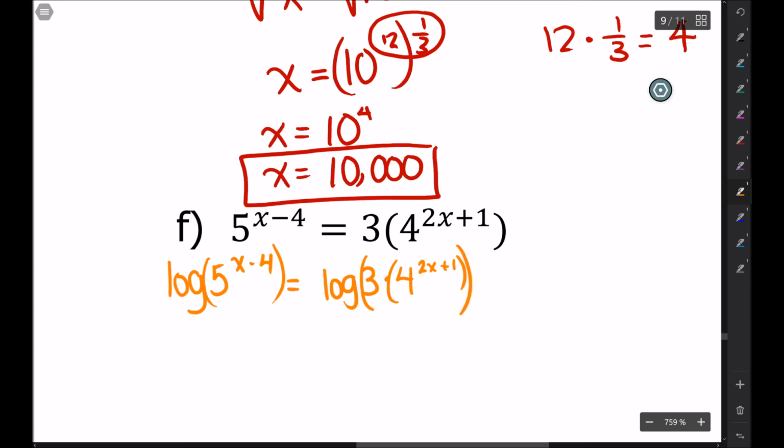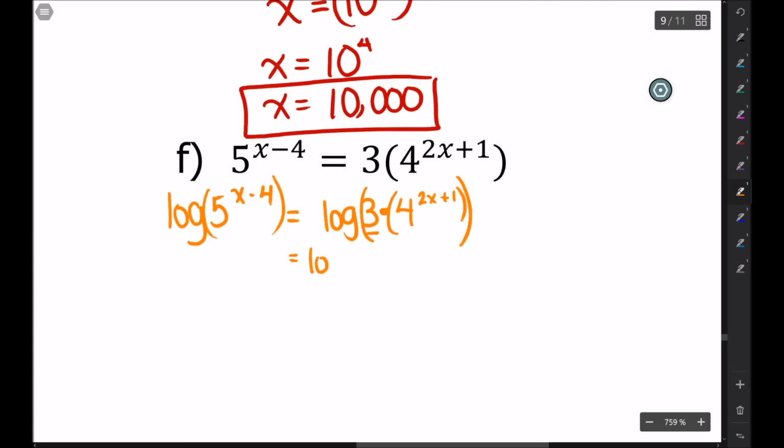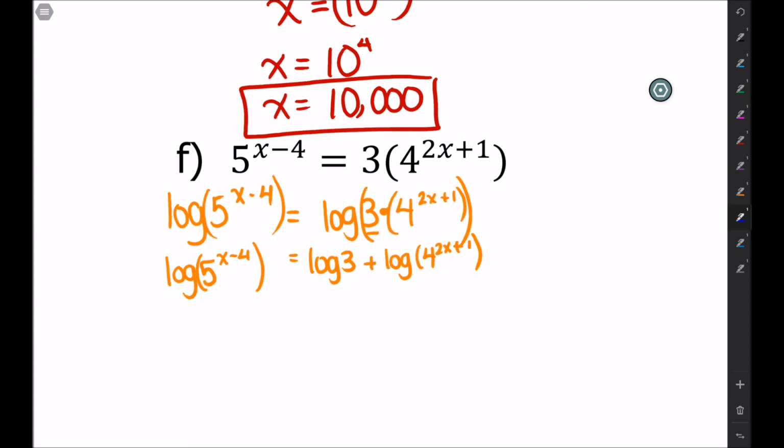Okay, and if you remember, when we have a logarithm and we have multiplication, we can split this up right here into log of 3 plus log of 4 to the power of 2x plus 1. Okay, and then I'm just going to copy the other side down right here. Also, if you remember, whenever we have a logarithm and we have an exponent, we can bring that exponent in front.